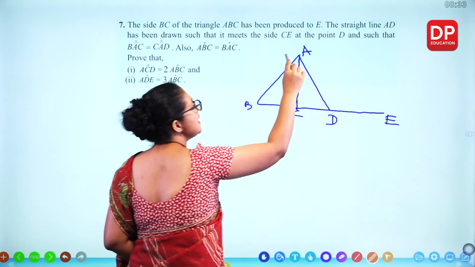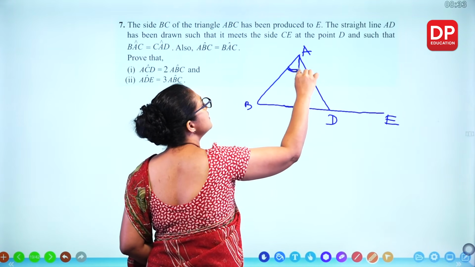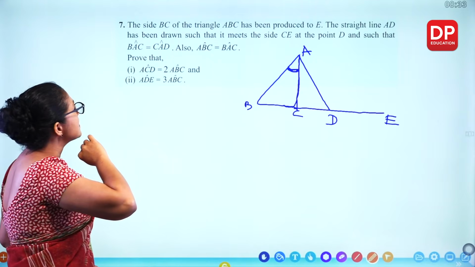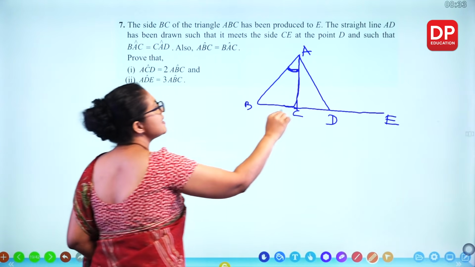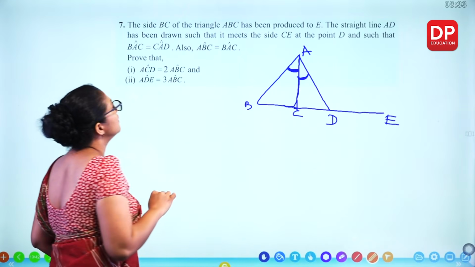such that BAC angle, this angle, is same as CAD, this angle. These two are equal.